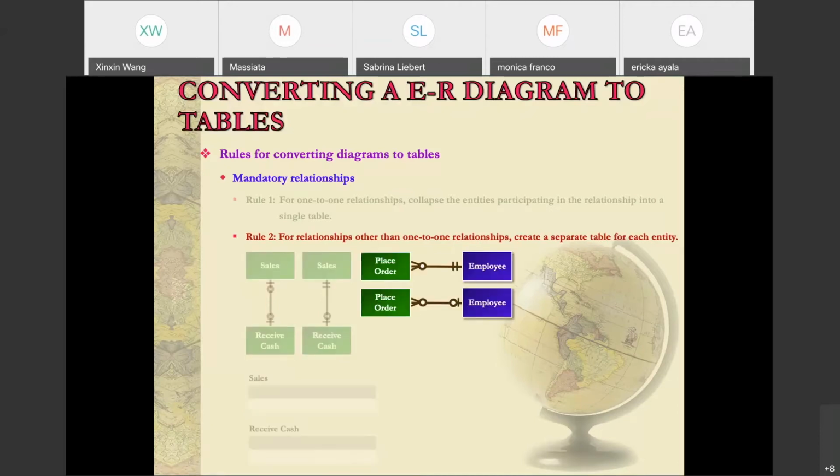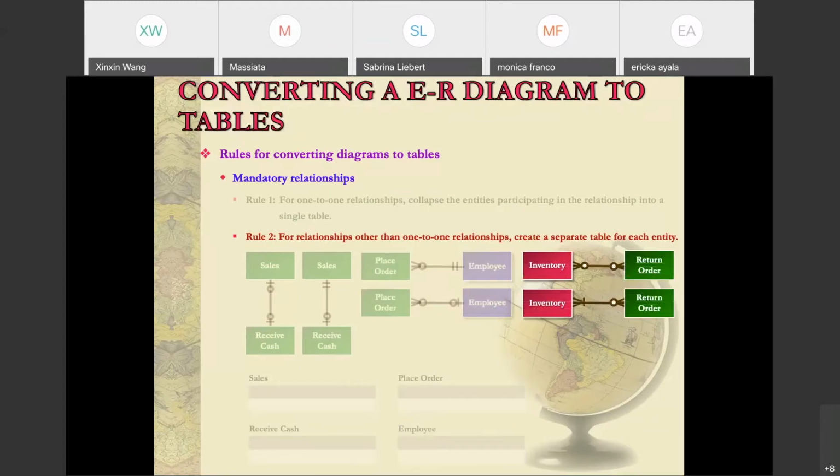You can see this is one to one, zero to many, or 0 to 1 and 0 to many. So for anything other than one to one, we also create two separate tables, one for each entity. Same with many to many, right?